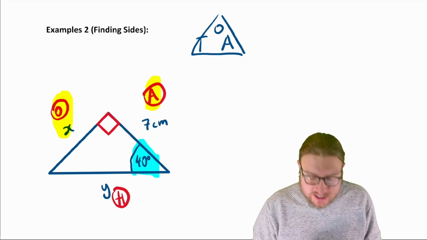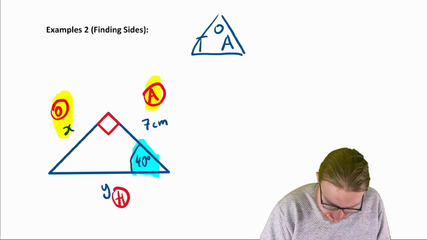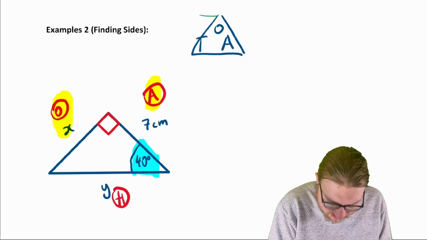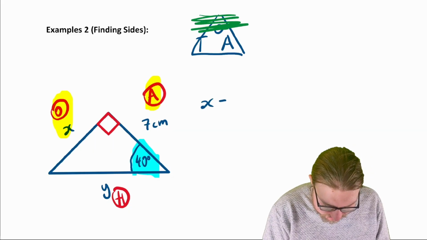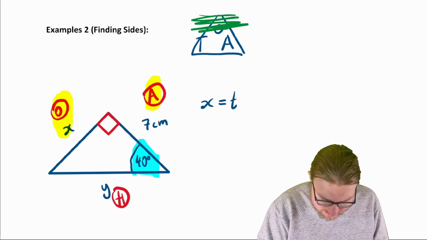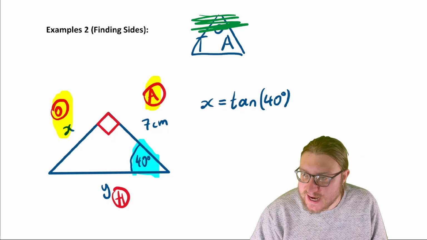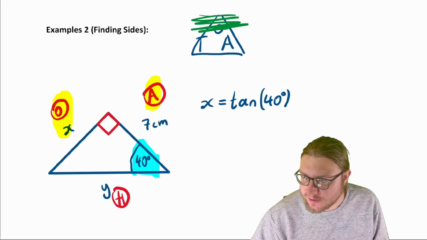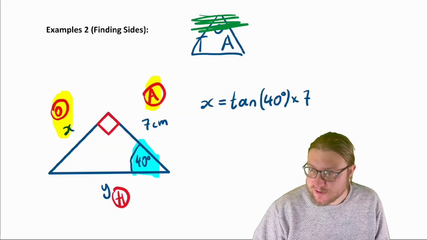Once you have written down your triangle again, remember the one that we want to find, which is the opposite here. We're going to cover up with our thumb, and we're going to write our answer. So x is equal to T times A. T stands for tan. And of course the angle, it's always sine, cosine, and tan of the number of the angle, multiplied by the adjacent, which is 7.